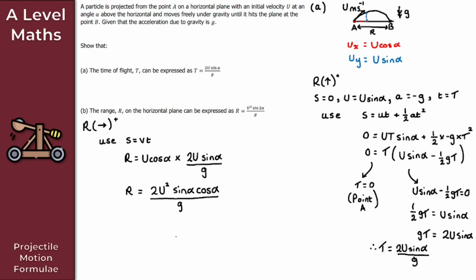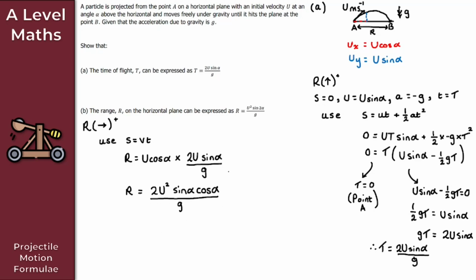Now, clearly, what we've got here isn't quite what we want. It's getting close, but we are still a little bit off. But hopefully, you can look at the right-hand side of my equation and spot how we manipulate this into the required form. The way that we do this is by using the double angle formulae.